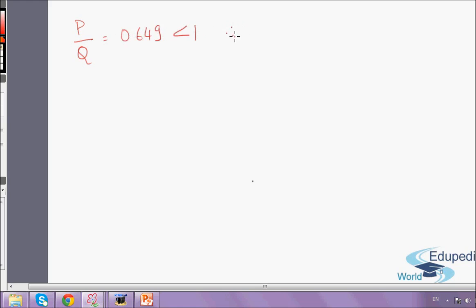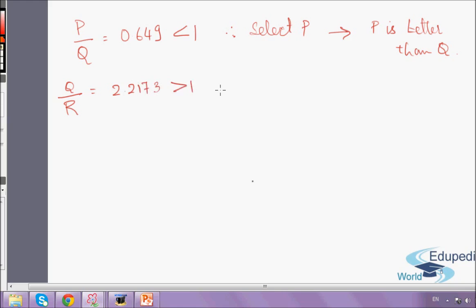Therefore we selected P, that is, P is better than Q. Next, when we took the ratio of Q over R, the value which we got was 2.2173, which is greater than 1, and since it is greater than 1, we select the denominator. So select R, that is, we say R is better than Q.